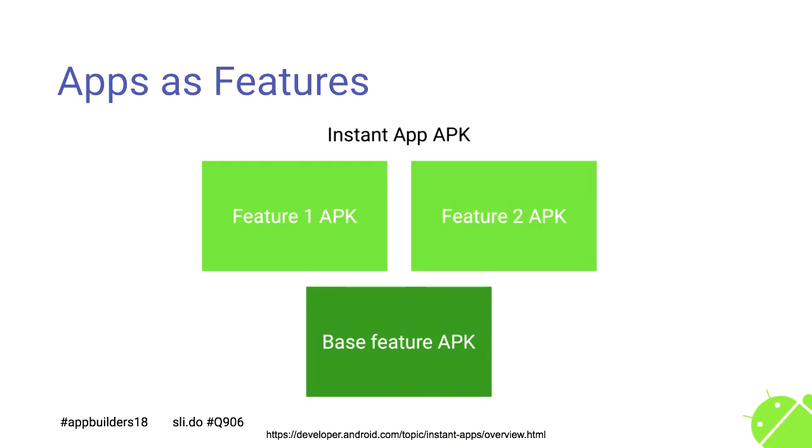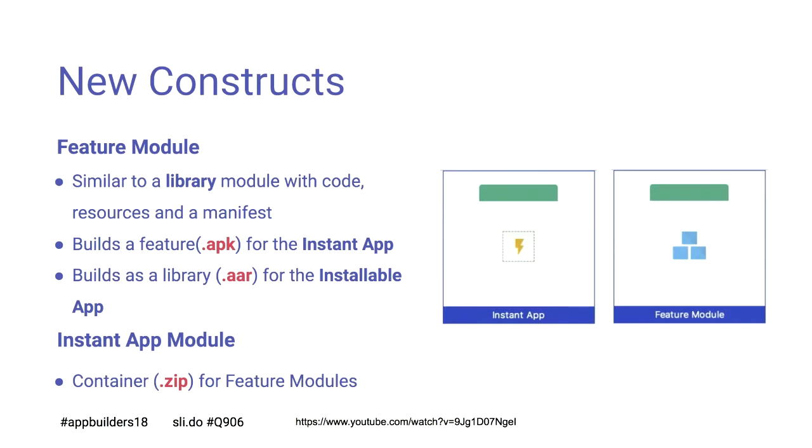For example, the common utils and common resources should be in the base feature of your new structure. And if you want to open a feature with an instant app, you should move that part of the code into feature modules. At the end of my talk, I'll give a quick demo. Probably it will be more understandable how we build.